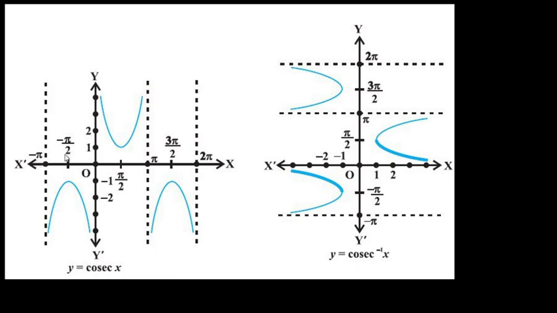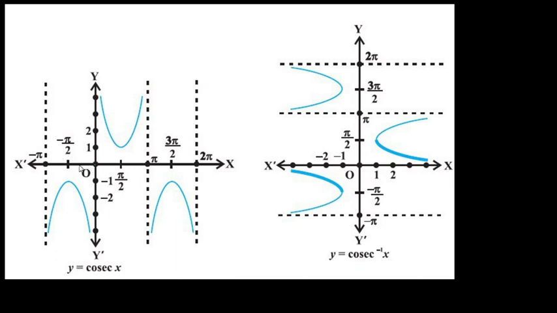Try to understand this graph, and the origin is 0 here. It can go up to minus 1, minus 2 along the y-axis, and also plus 1, plus 2, etc. So it can grow along the y-axis in this way, and on the opposite side also along minus y-axis. But on the x-axis it goes as pi by 2, pi, 3 pi by 2, 2 pi. Likewise the interval is pi by 2.